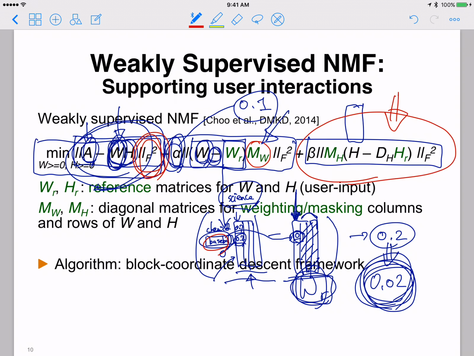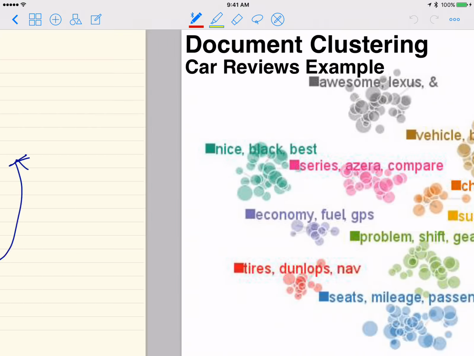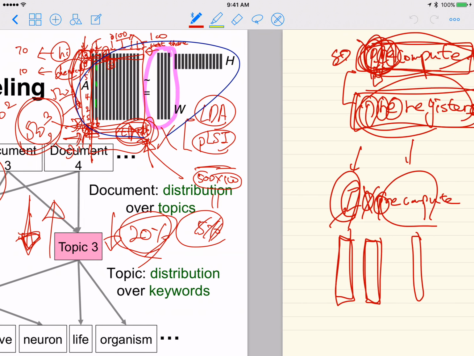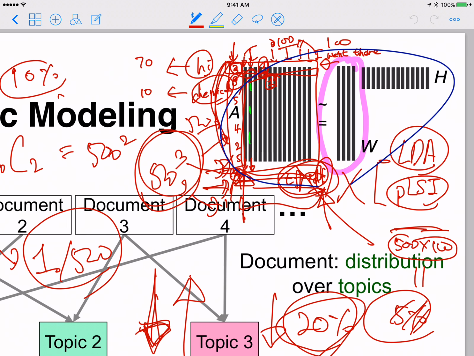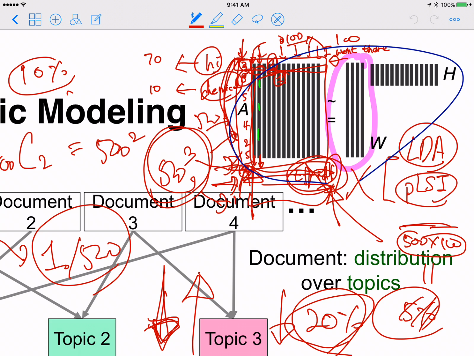This is about the direct supervision on the H part. So if we had maybe sports-related topics and science-related topics, and the algorithm is saying that the first document was about 60% science and 40% sports.